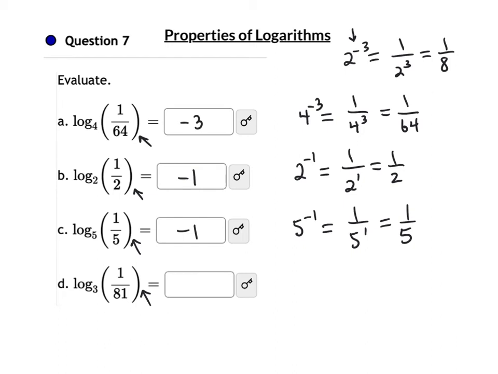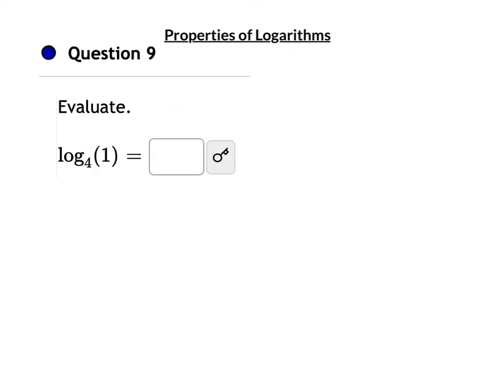And the last one is negative 4, because 3 to the power of negative 4 is 1 over 3 to the 4th, which is 1 over 81. Question 9. 4 to some power, this is what we're looking for, this is the answer, is equal to 1.